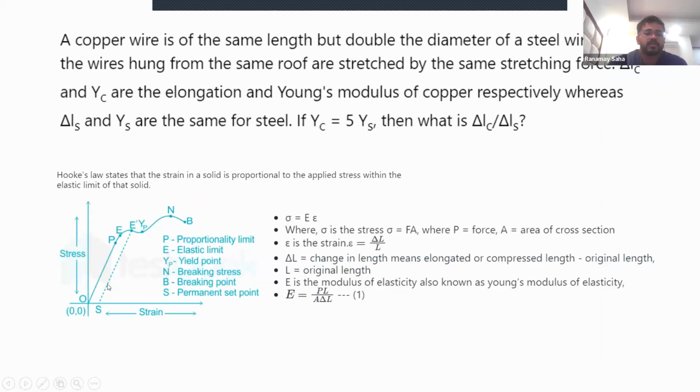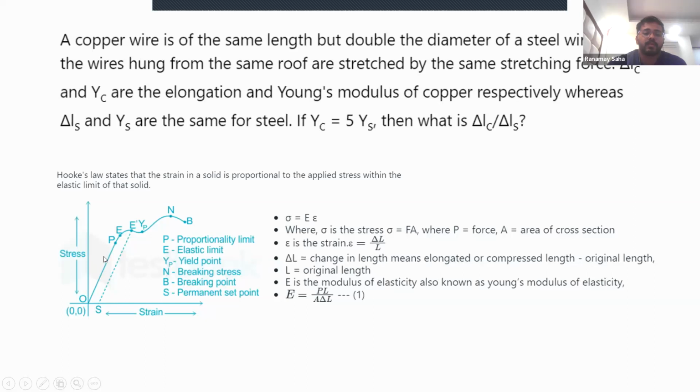So you can look at the various points over the stress strain curve for a typical material, where your elastic limit is defined by E. Then up to P is the proportionality limit, which is defined by the fact that up to P you have Hooke's law valid, and up to P you find an elastic recovery.